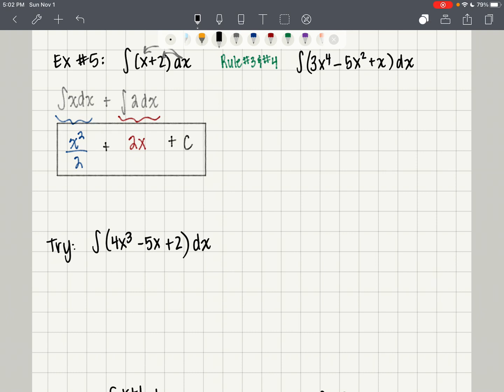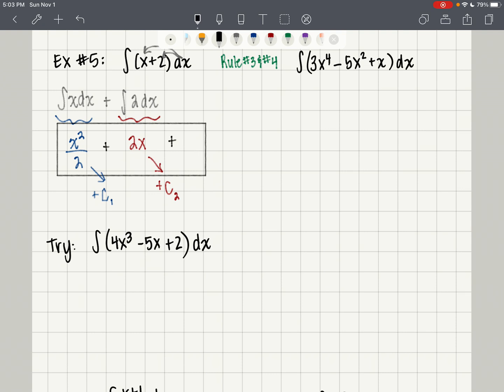Now, you might have been wondering, why didn't I put plus a constant with the blue function and plus a constant with the red function? Well, I add them all at the end because if I had plus c for the blue and plus another c, we'll call that c2 and maybe c1, I would just end up adding the constants together and maybe get a c3. Well, we don't use subscripts.